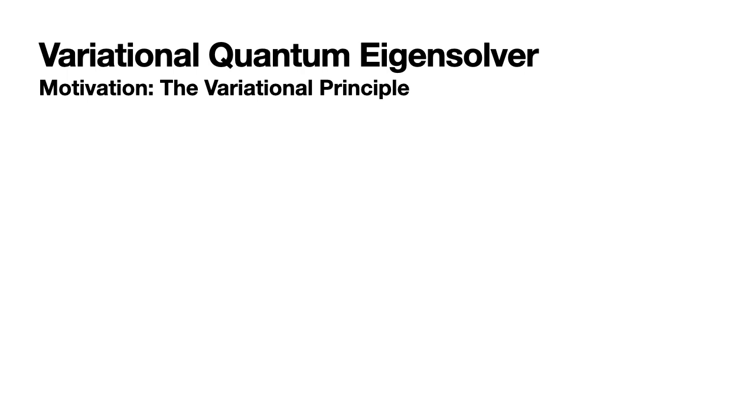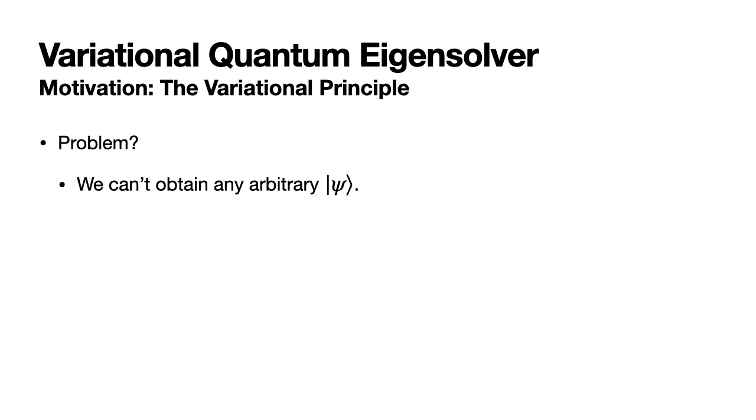However, there's one key problem. In general, we can't easily prepare or access an arbitrary state vector ket psi on quantum hardware. The states we can create will be limited by the nature of the quantum circuits we can implement.